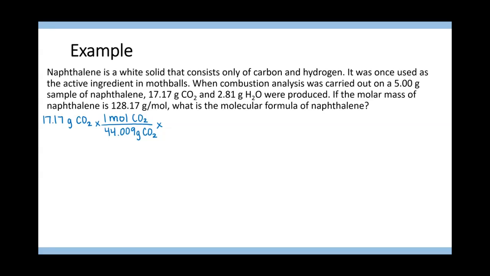And then for every 1 mole of carbon dioxide, we have 1 mole of carbon, so we can now convert to moles of carbon. And then once we're in moles of carbon, we can convert to mass of carbon using the atomic mass of carbon from the periodic table.